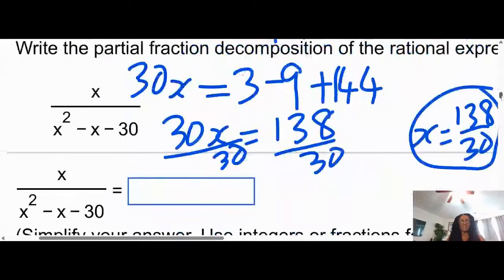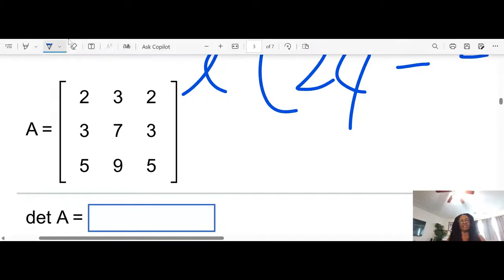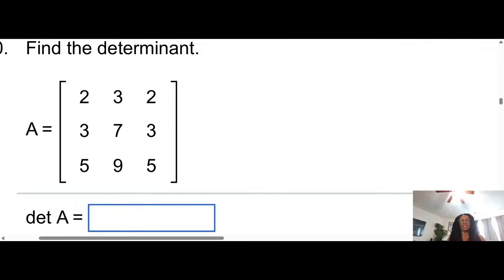Okay, let's get something else. Find the determinant. Look at this one, it says find the determinant without calculator. So we're going to find the determinant of this matrix without calculator. So let's do that.